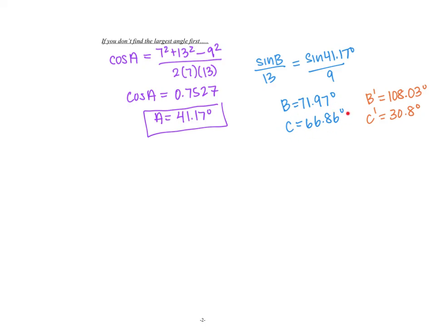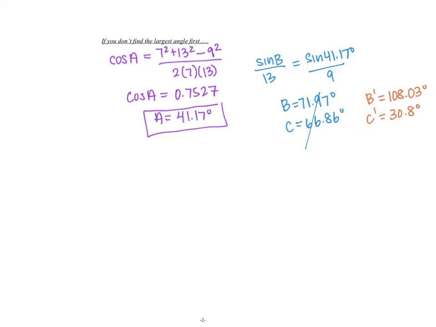For C, I got 66.86. This is the medium angle, so it should be opposite the medium side. But angle C is actually across from the smallest side. It fails the angle-side relationship, so it doesn't work because it's not consistent with the sizes of the sides.